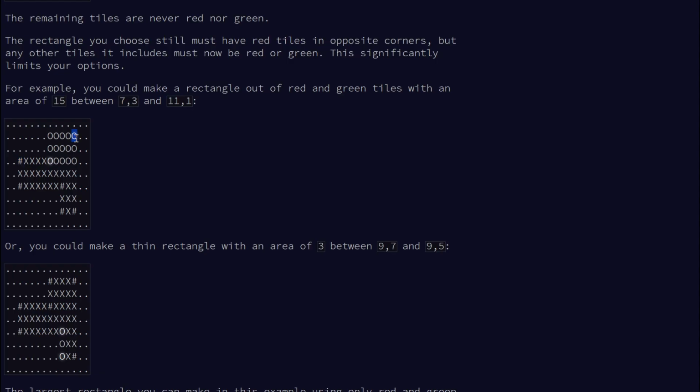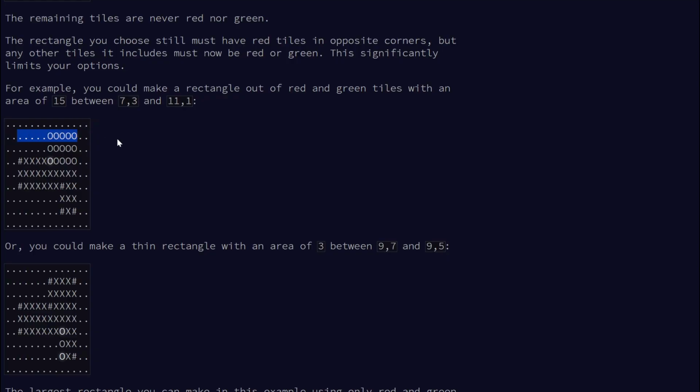I could then, instead of just computing the area, first say, is this legal? How would I determine if it's legal? Well, get the sub-map. If I had a map from row number to the rows, I could say, give me the submap containing just these 3 rows. Then, for each of those, give me the subset containing only these columns.